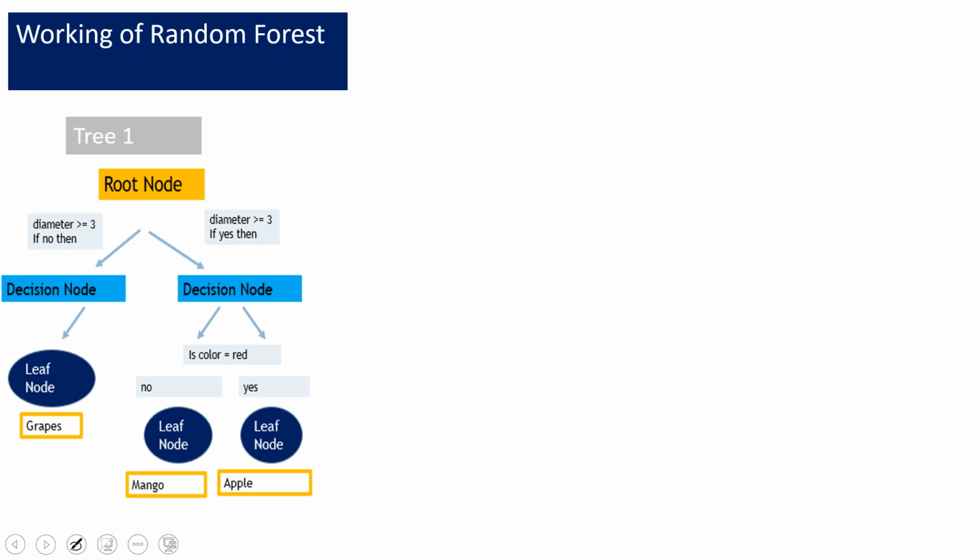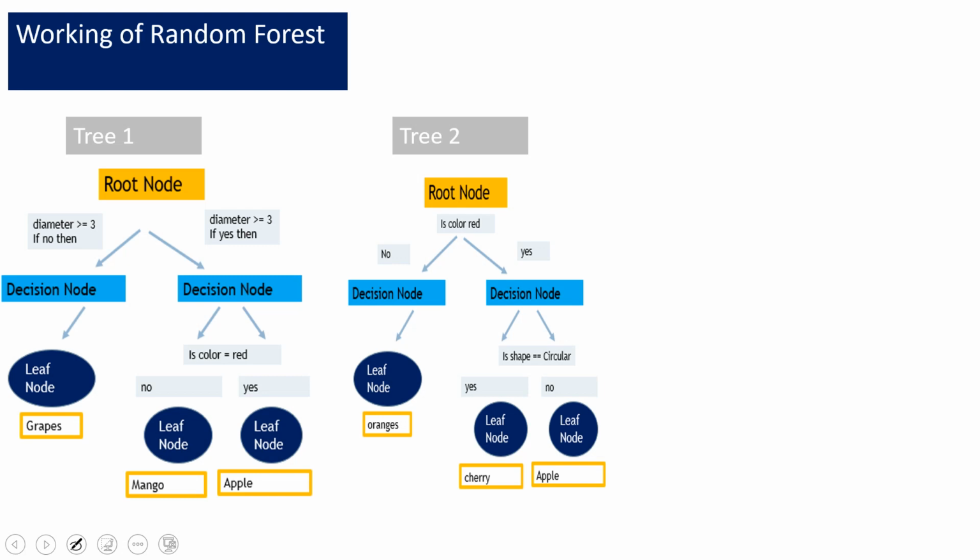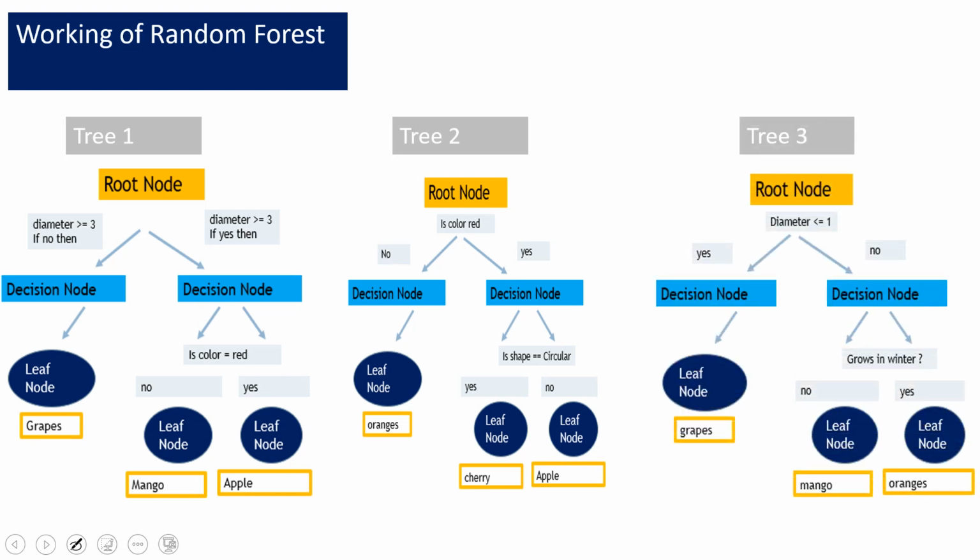So for this purpose, we combine different decision trees to make a random forest. Each tree classifies a fruit using different features. Now let's consider an unknown fruit and classify it by using its features. We have all the decision trees made available.